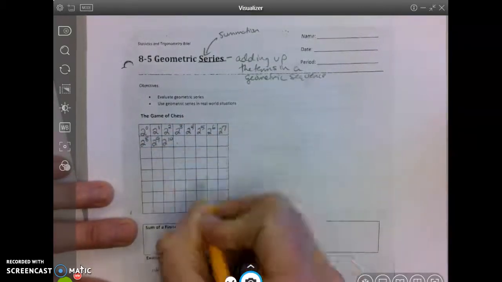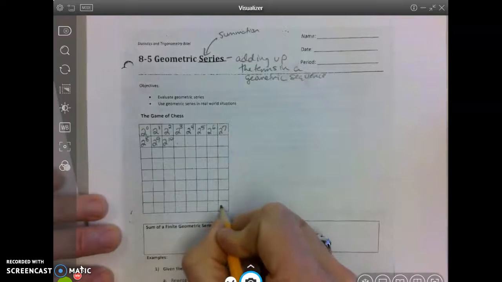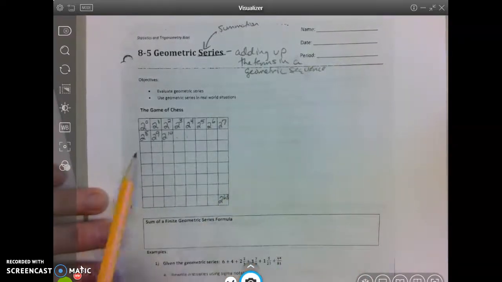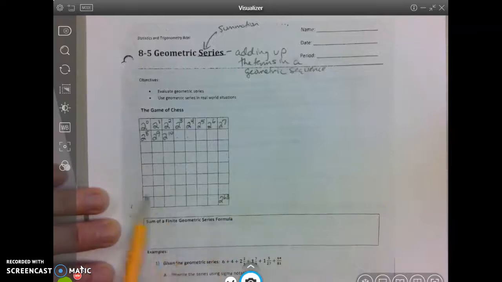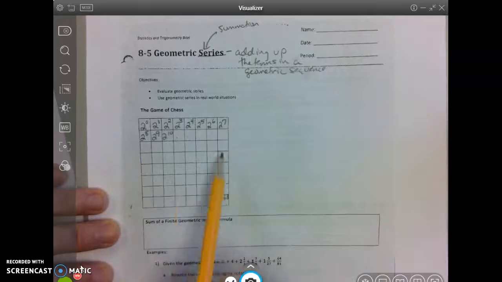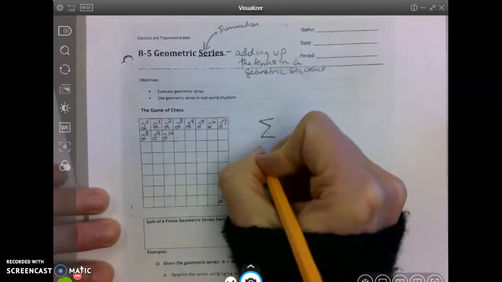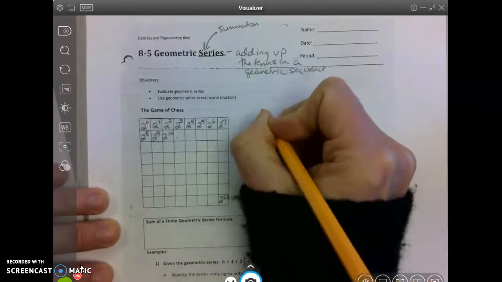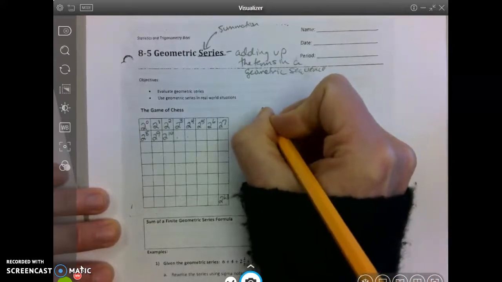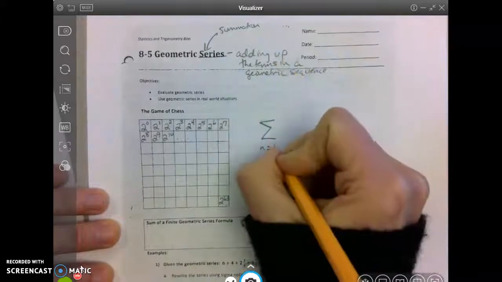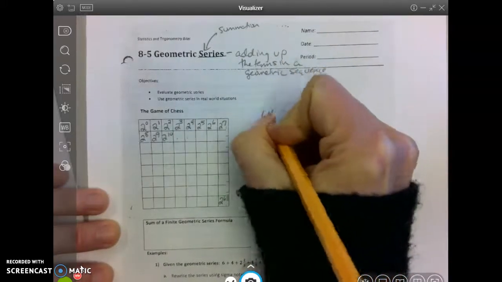And it's going to keep going all the way till I get to this very last square, which is 2 to the 63rd. It's not 2 to the 64th. There are 64 squares, but the first one was 2 to the 0. So this last one is 2 to the 63rd. And I have to add up all of these, which means I am adding up from n equals 1 to 64.